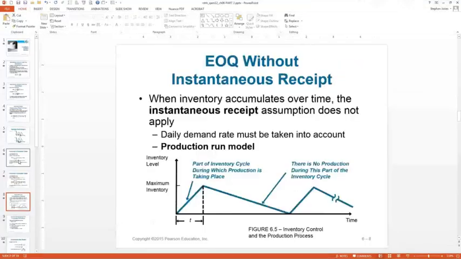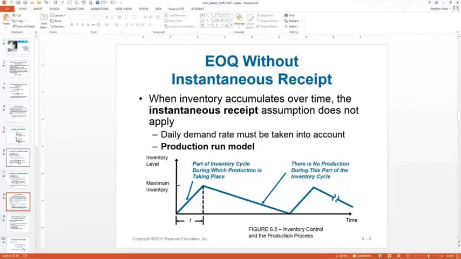to occur. Now, if you don't have instantaneous receipt, in other words, if you can't get stuff delivered all at one time to you, and this happens especially if you're doing production as opposed to ordering materials from an outside supplier who can just drop ship them right to you.